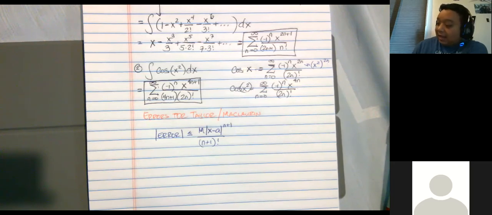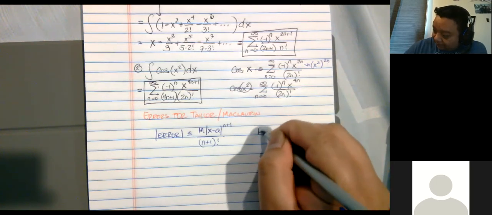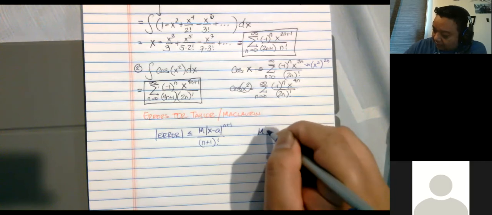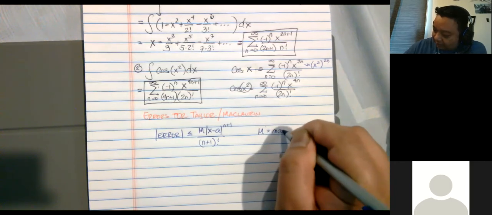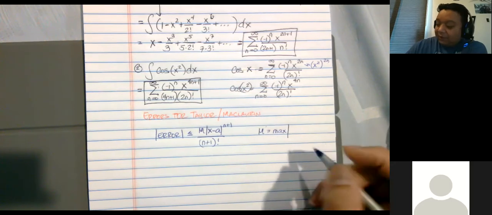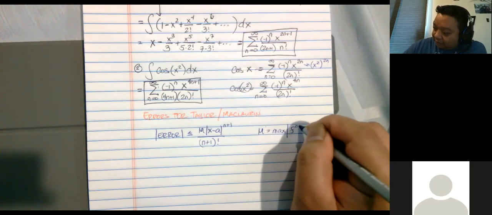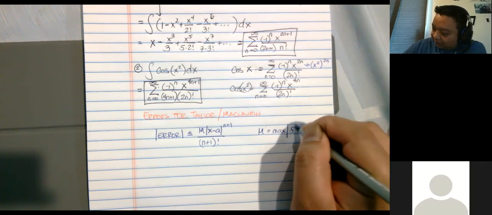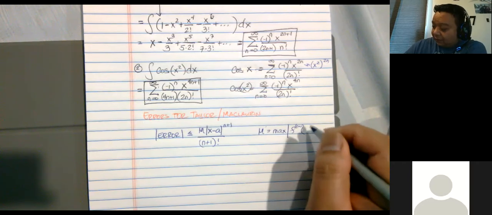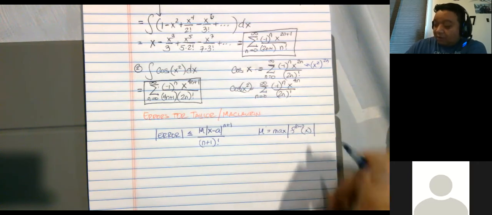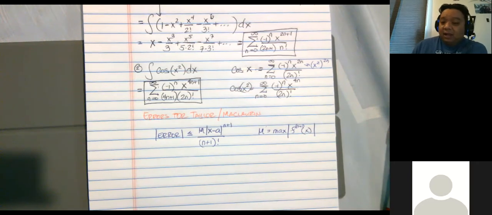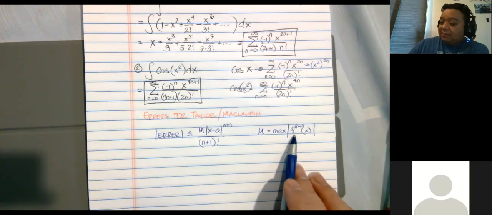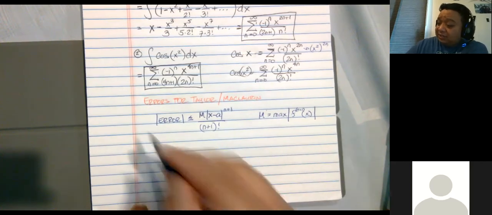The M is the maximum value of the n plus 1th derivative of your function on the interval. So M is the maximum value of your n plus 1th derivative. Now, this is Taylor.